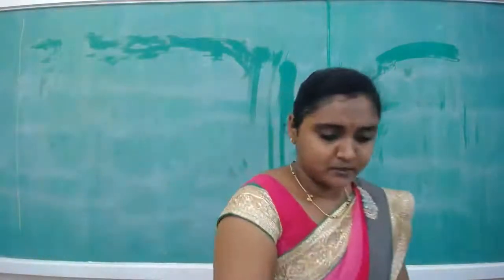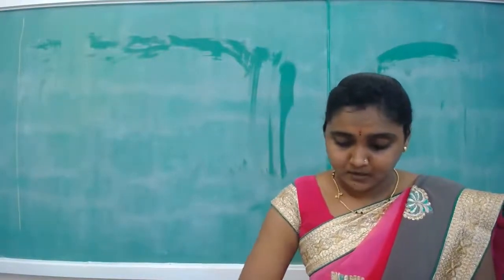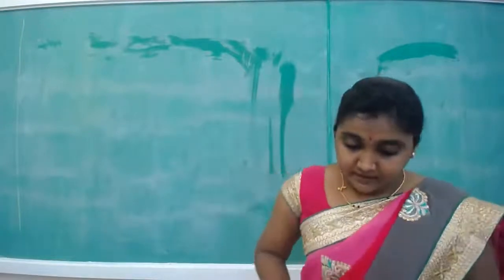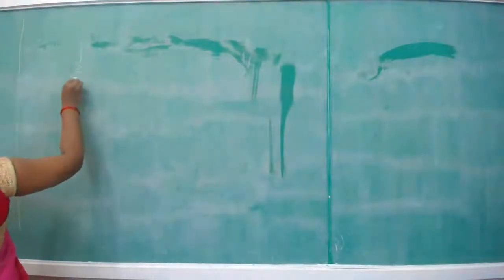I'm taking a few examples for the numericals now. So they are giving a circuit with a voltage divider bias having values. I will draw the circuit now.